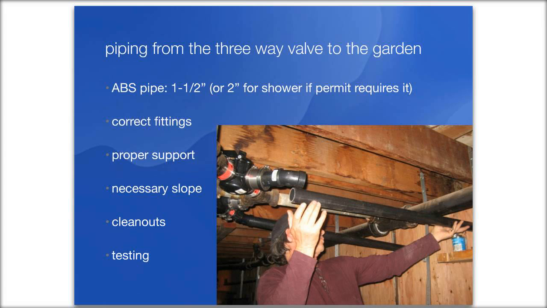Well, technically, every trap is supposed to have a vent, so that shower doesn't have a vent. So, this is tricky because you're working on existing plumbing that may not have been done correctly. If it's going to be inspected, who knows what the inspector might say. He might say that there's supposed to be a vent between the shower trap and the three-way valve.